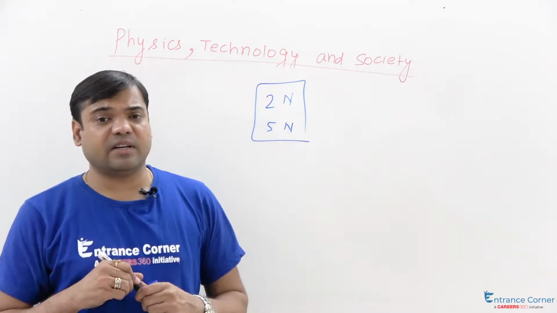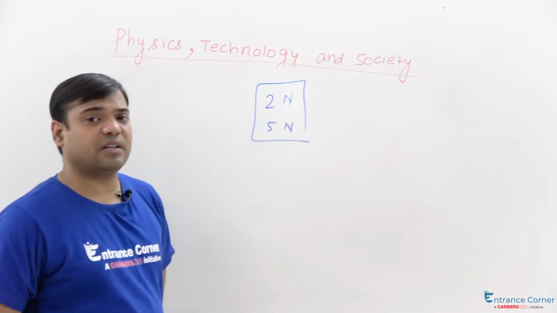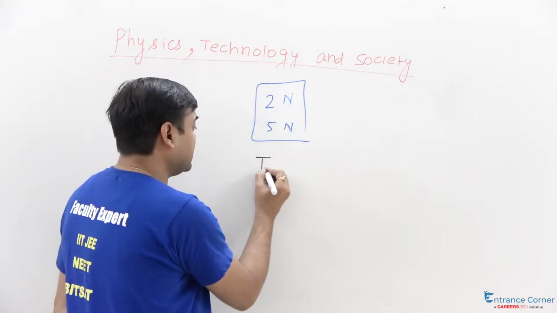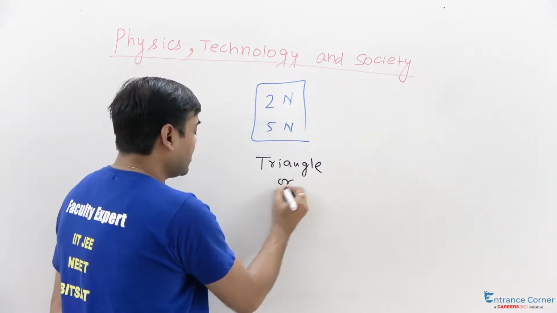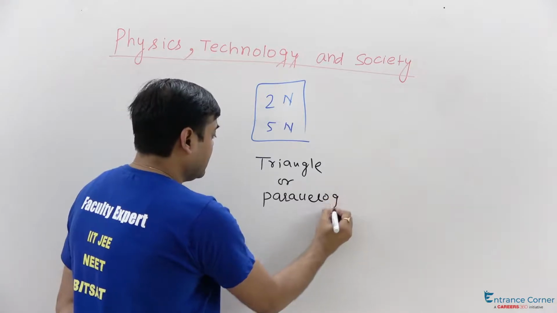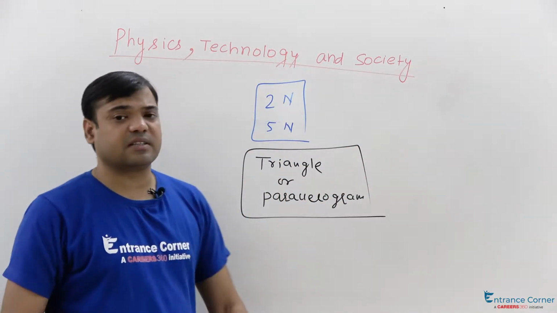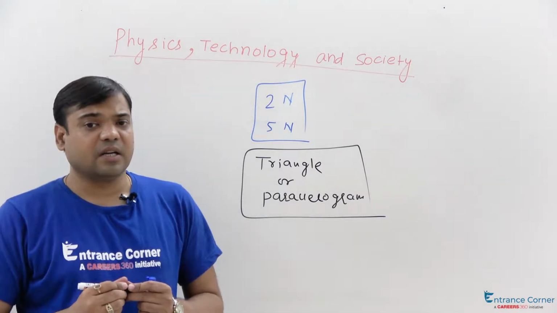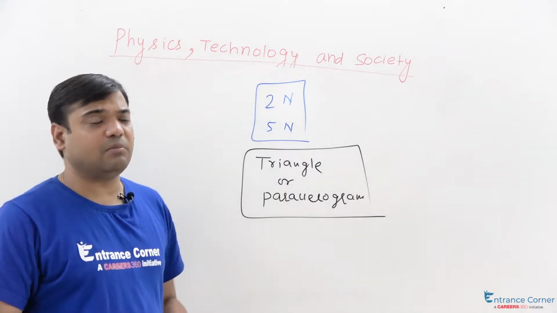The laws of addition followed by vector quantities are known as either the triangle law of addition or the parallelogram law of addition. These two laws of addition we will discuss in the next chapter, but applying either of them will give the same result.